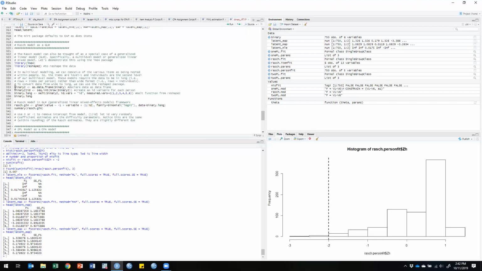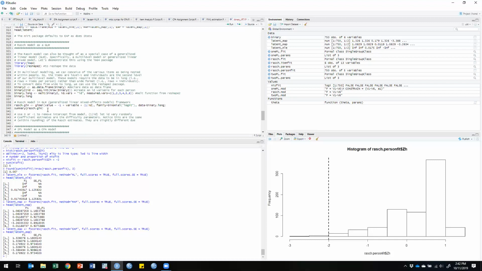We have to change our data from what they call wide format to long format. In wide format, each row in the data set represents an individual, so we'd have 750 rows. In long format, we would have a row for each individual and each item. There's 750 individuals, 6 items, so there'd be 4,500 rows in the long data set.